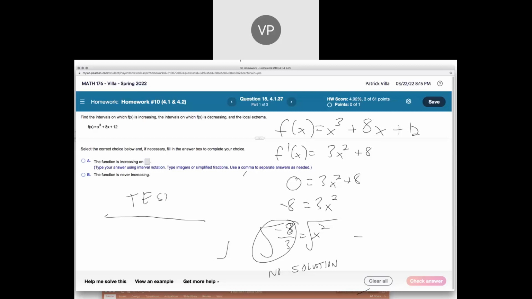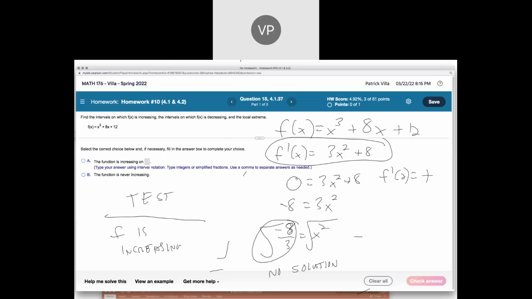Either everything's going to be positive or negative. Test any number in our derivative right here. Let's find f prime of, I'll just pick 2, for example. And you see in that derivative right there, we get a positive number, which means we are increasing everywhere. This entire graph is increasing.